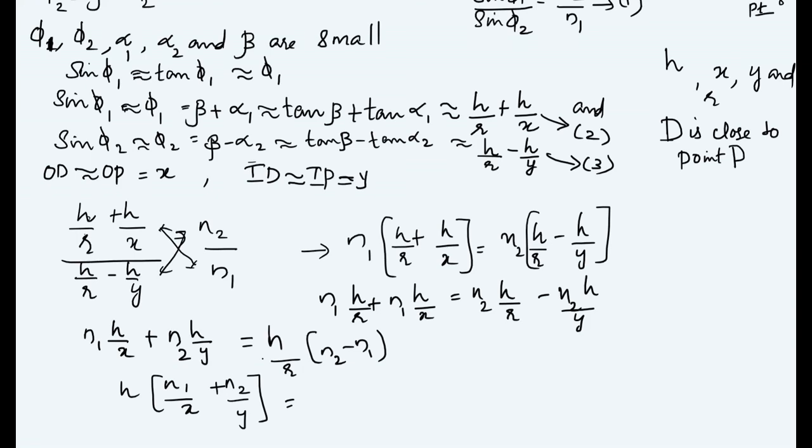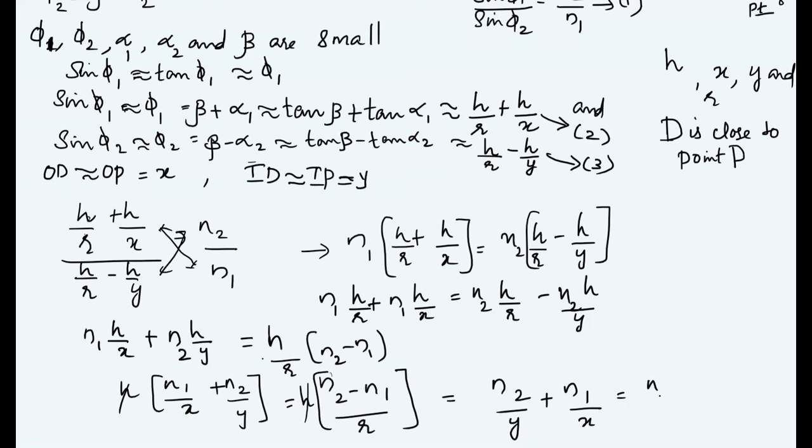That is h into n1 by x plus n2 by y equals n2 minus n1 by r into h, and cancelling h on both sides, n1 by x plus n2 by y equals n2 minus n1 by r. That is equation number 4.